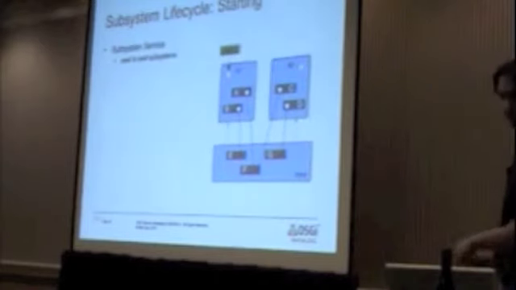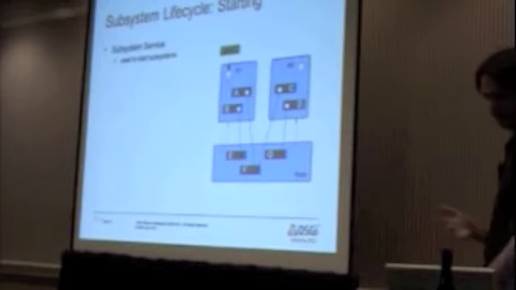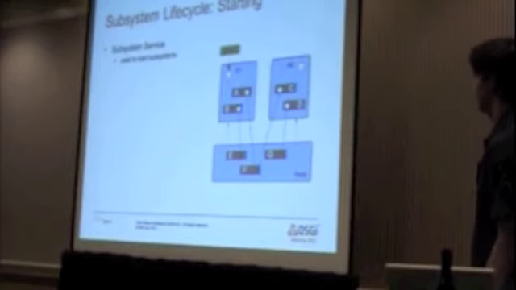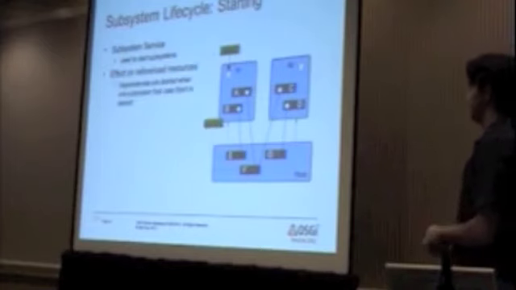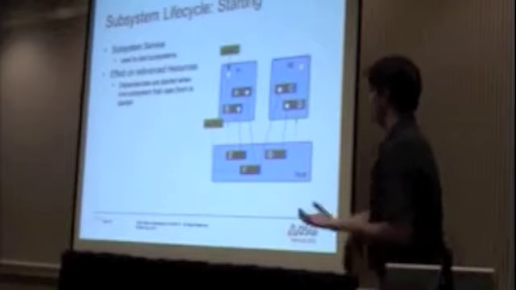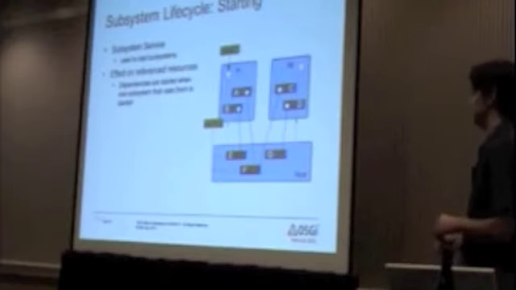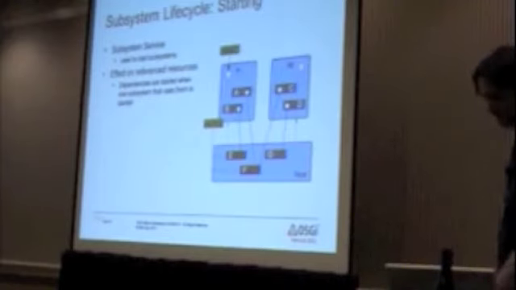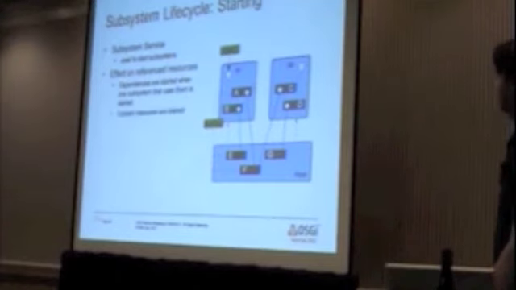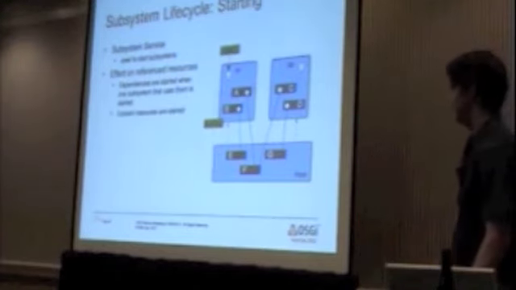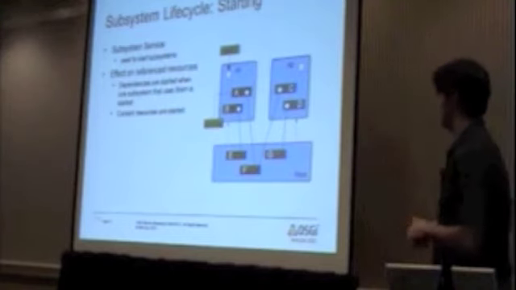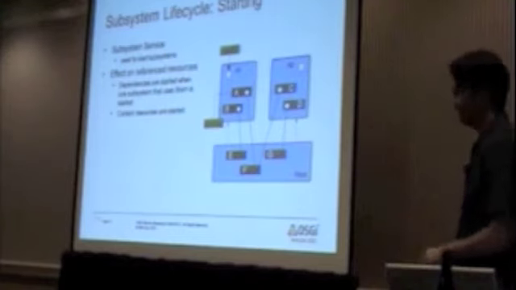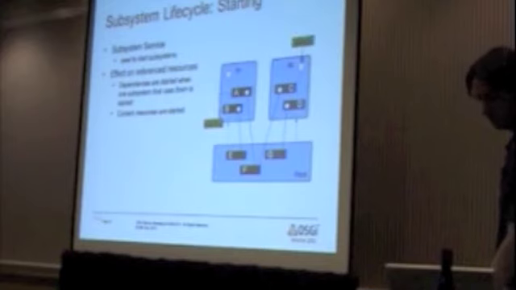The next operation is start. I need to get these bundles started in a controlled manner, so I just start the subsystem. The first thing that happens is that the dependencies referenced by the subsystem get started, and then the content bundles get started. Optionally, you can control the order in which the individual resources within the subsystem get started.